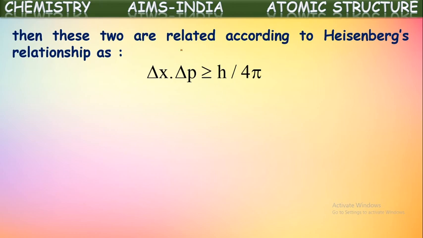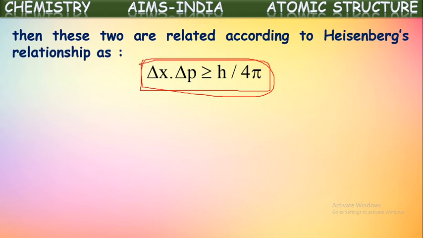This is a relation given by Heisenberg. This is called Heisenberg's uncertainty relation, where delta x represents the uncertainty in the position and delta p represents the uncertainty in the momentum. The product of these two will always be greater than or equal to h by 4 pi. Of course, in the place of p, we can write mass into velocity. Mass will be constant for any electron, so velocity might change, so the uncertainty in the velocity is taken here.